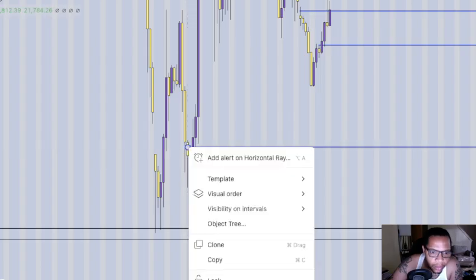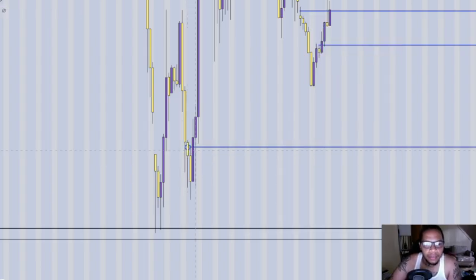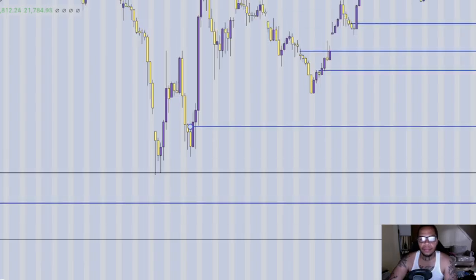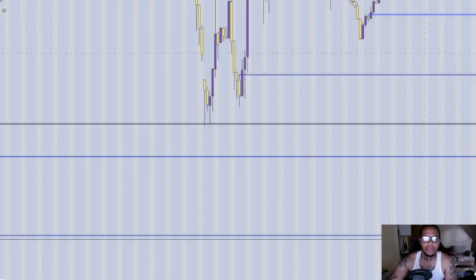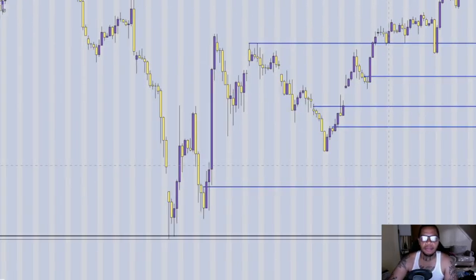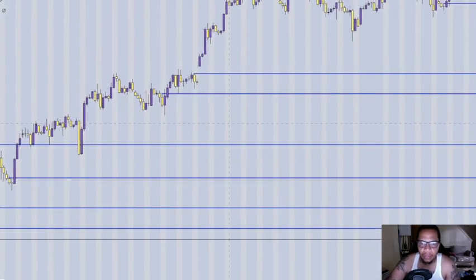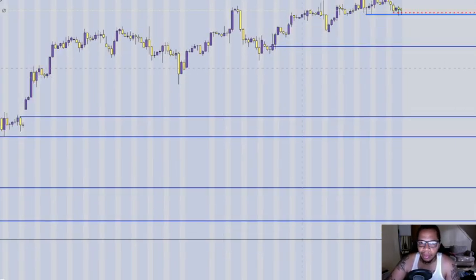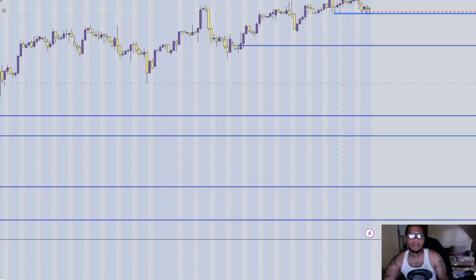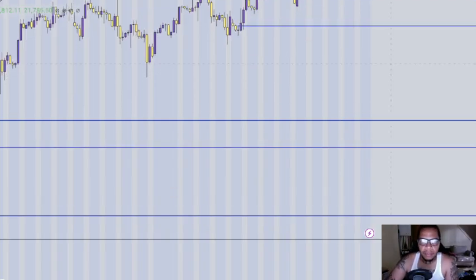H4. Okay. All right. Those are more relevant areas. We got more, of course, but we worry about the more relevant areas right now. I'm not going to put a bunch of lines on the chart right now. I'm going to keep it relatively simple.